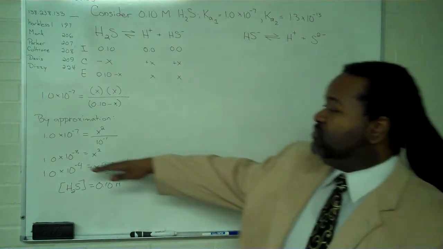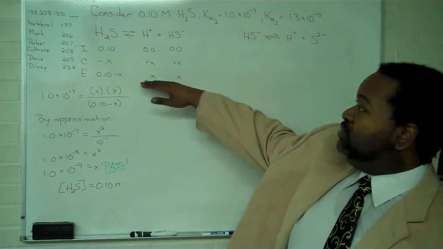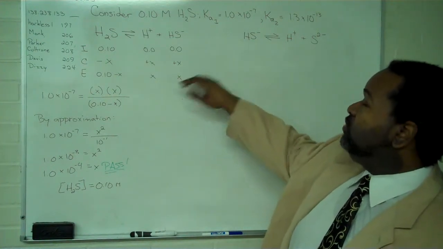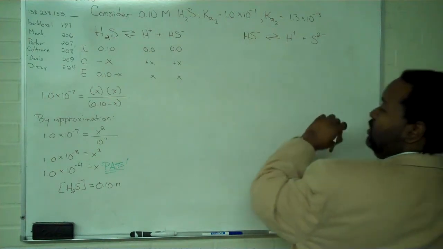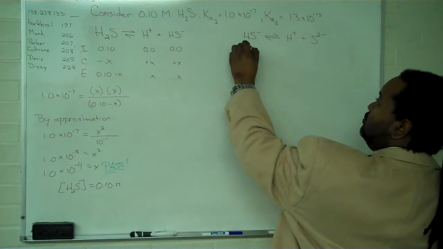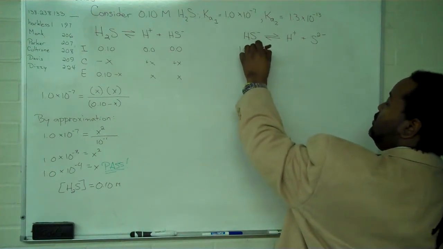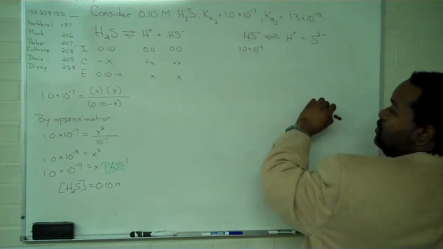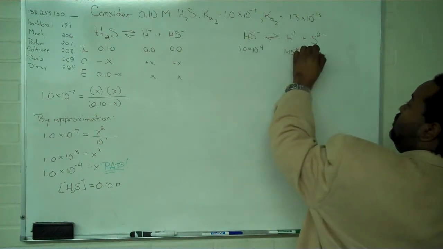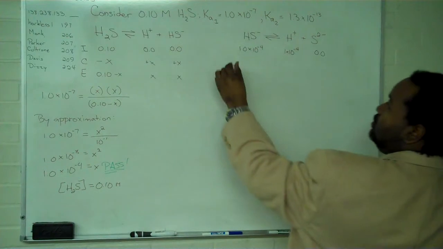And now that we have this value for x, we have the amount of hydrogen that will be a common ion here, and the amount of HS minus that we're going to have to worry about dissociating. And so we have 1 times 10 to the negative 4. We have 1 times 10 to the negative 4, and we have nothing here.